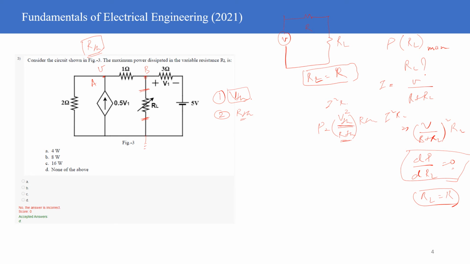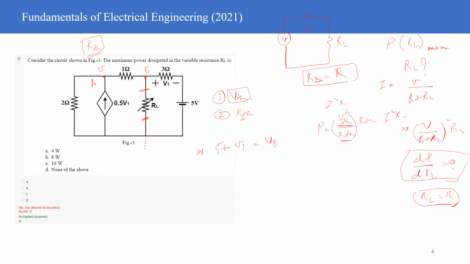So at node A, if you will see, the potential at B is nothing but 5 volts plus voltage V1, right? That is one thing which I have got. Also, V1 is the drop in the 3 ohm resistance, right?